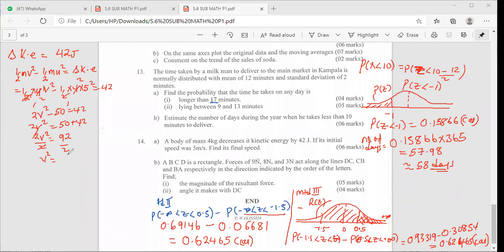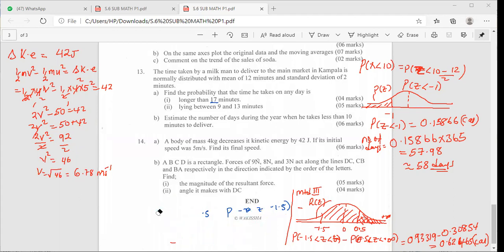So v is going to be the square root of 46, and the answer is 6.78 meters per second. Next time we shall deal with the J paper.